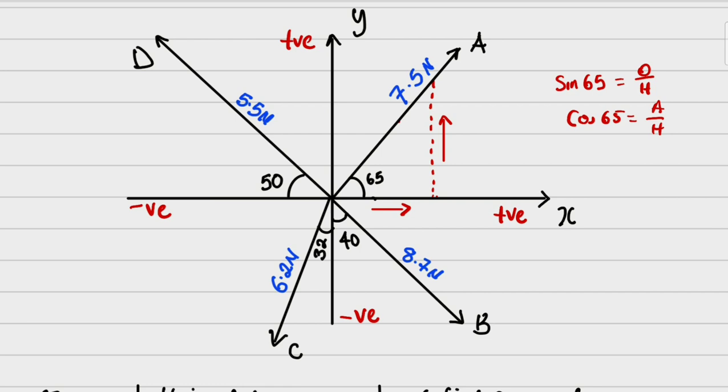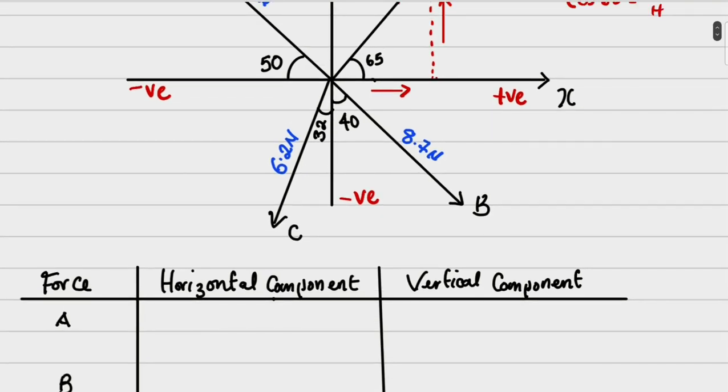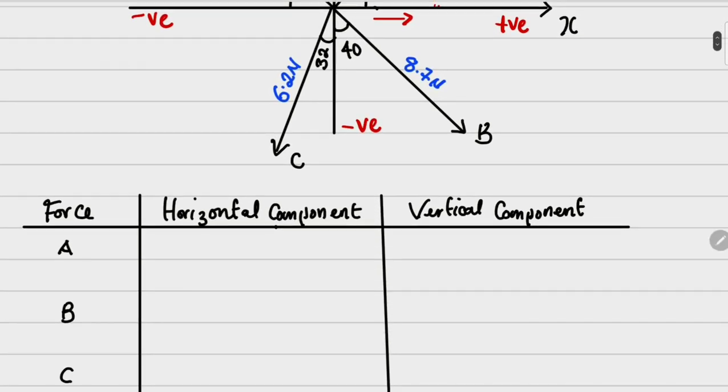Now when I come to this place, remember it is positive. So for A, the horizontal is going to be 7.5 cos 65, and when we do it, our answer will be 3.169.